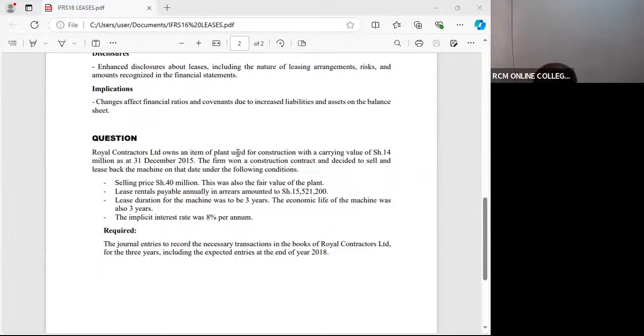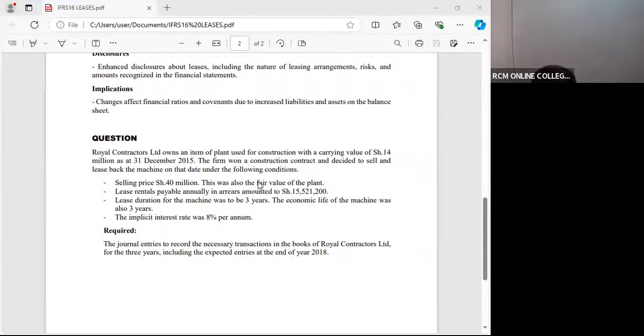So we are told here Royal Contractors Limited owns an item of plant used for construction with a carrying value of 14 million as at 31st December 2015. The firm won a construction contract and decided to sell and lease back the machine on that date under the following conditions. The selling price is 40 million.